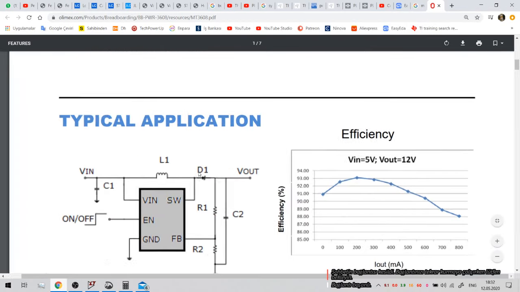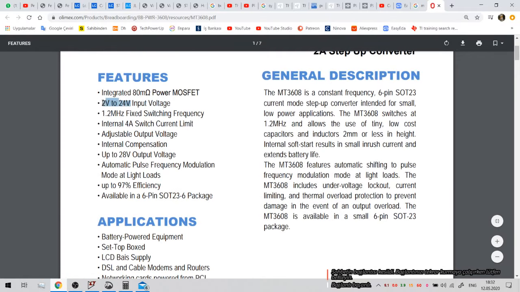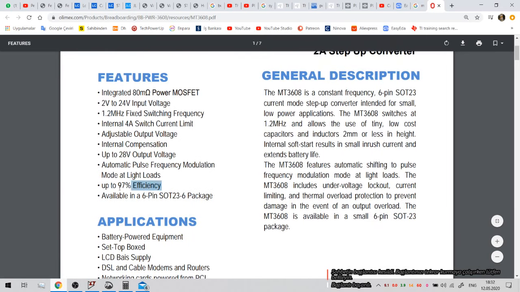It is a boost converter and boosts voltage up to 28 volts. You can see, and very high efficiency, 97%. It is really nice.